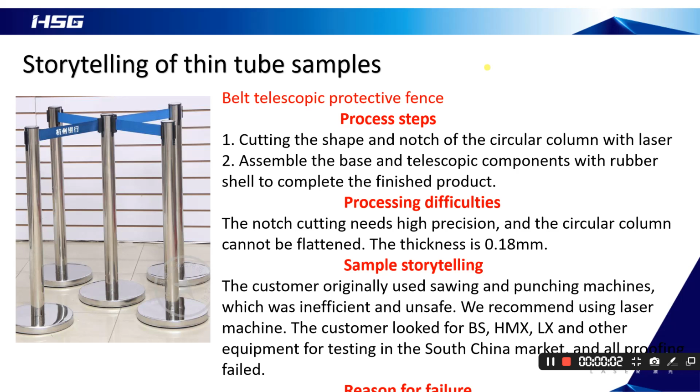The cutting accuracy of the notch is low, or the size is misaligned, resulting in a gap or no installation at all after the rubber shell of the telescopic rod is installed. Second, as I have just mentioned, the circular column is flattened.